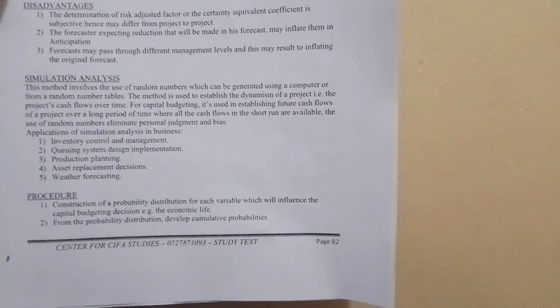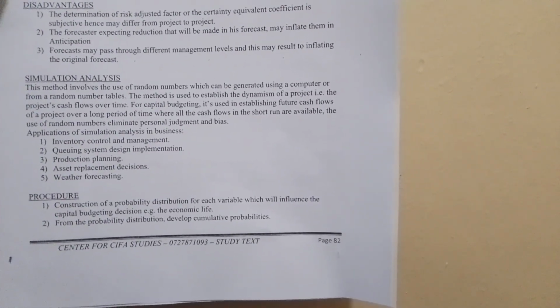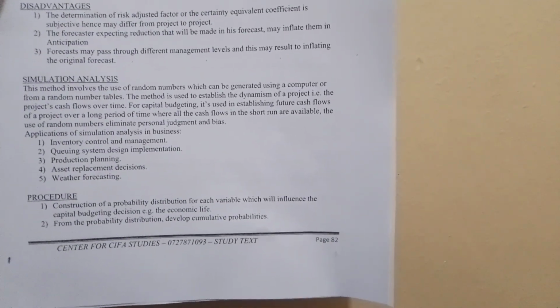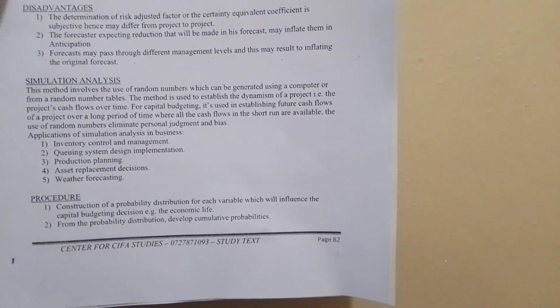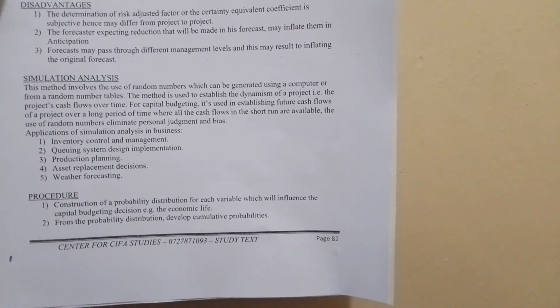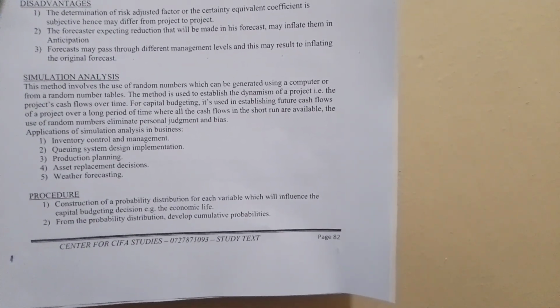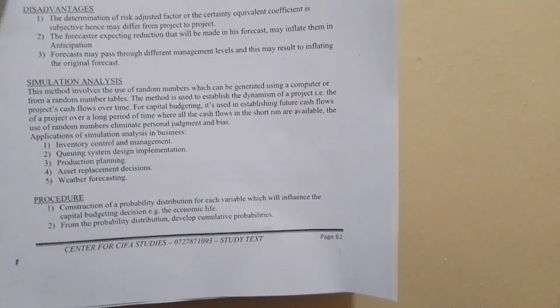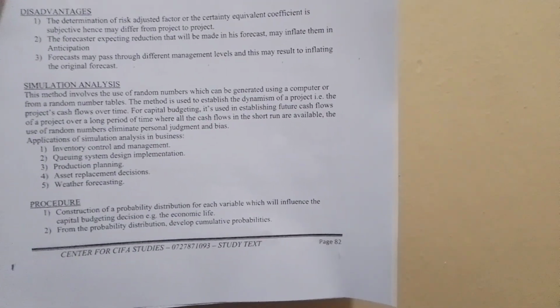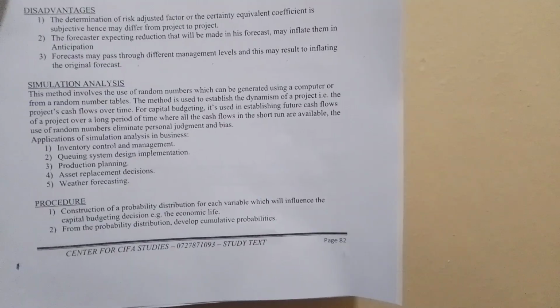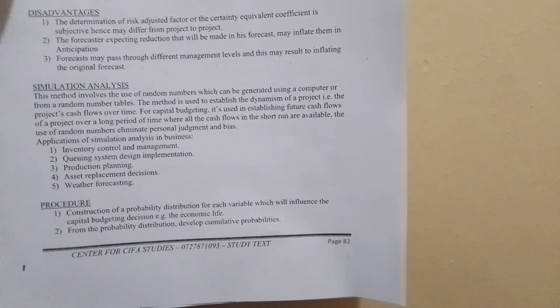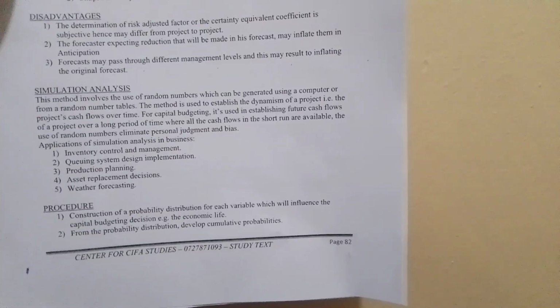Simulation method involves the use of random numbers which can be generated using a computer or from random number tables. The method is used to establish the dynamism of a project, i.e., the project's cash flows over time.